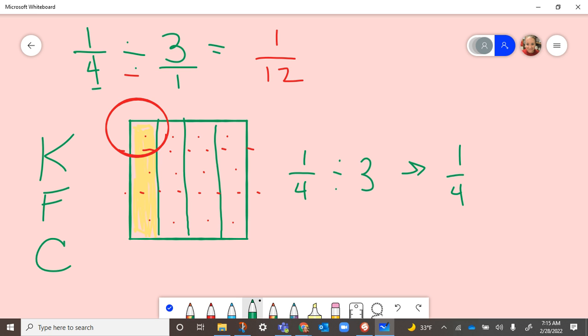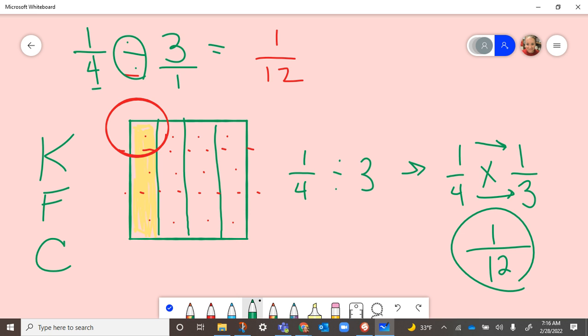When I flip it, I'm finding the reciprocal, and that would make it 1/3. Then I'm going to change the division symbol to multiplication and multiply across. So 1 times 1 is 1, 4 times 3 is 12. So there's that 1/12 that I got from the model as well.